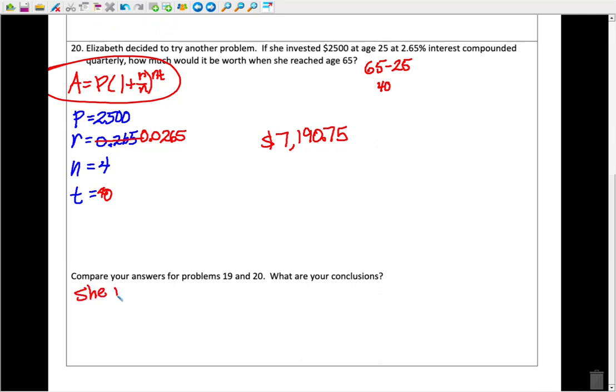She will earn more with a higher deposit, because that's what was different. The deposit went up, the rate went down, and the time went down, but she will earn more with a higher deposit in less time.